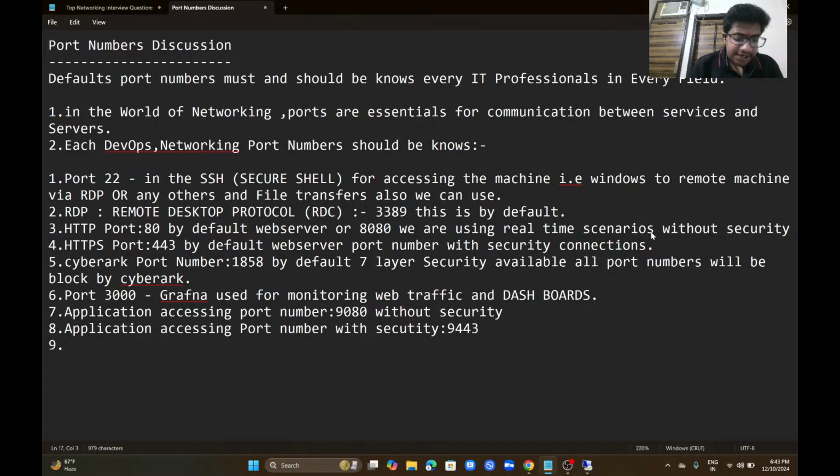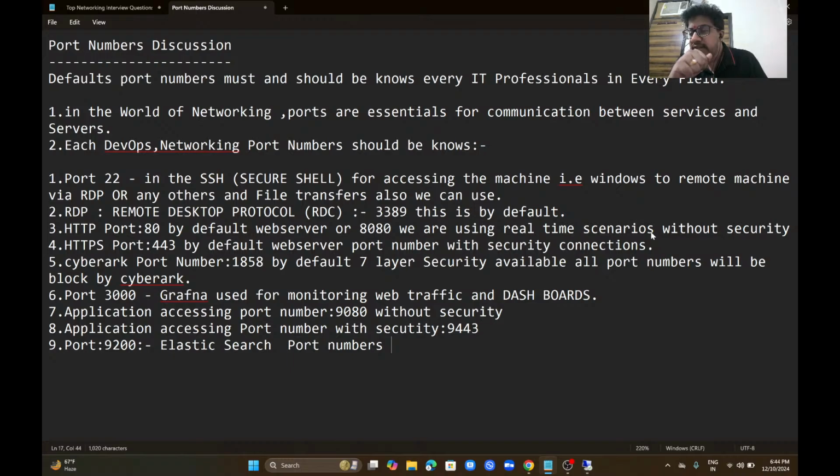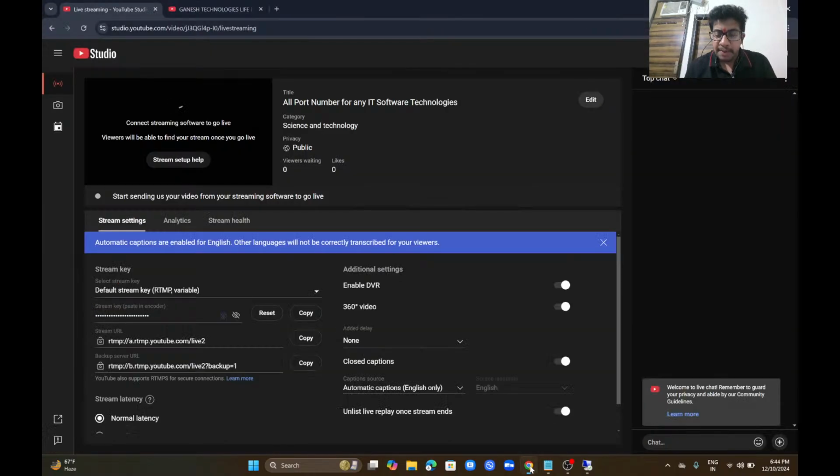Port 9200, that is the Elasticsearch port number. If you are using any banking service, there is a search button, and in the search button we are using Elasticsearch in the backend. I will show you one small demo.